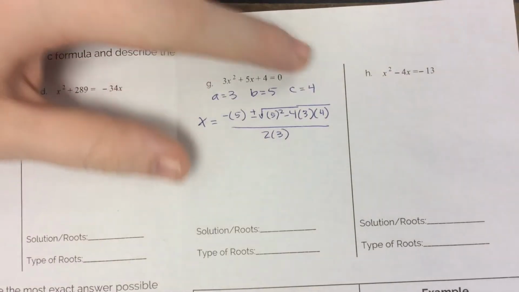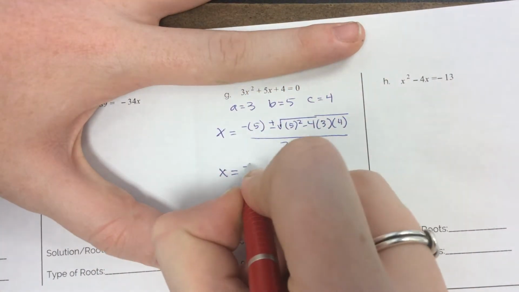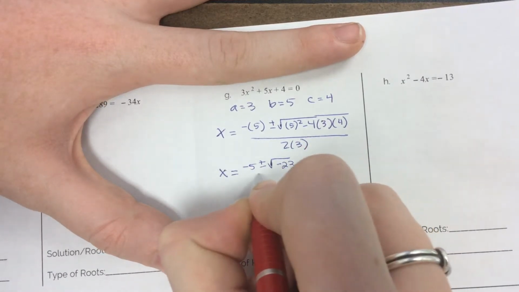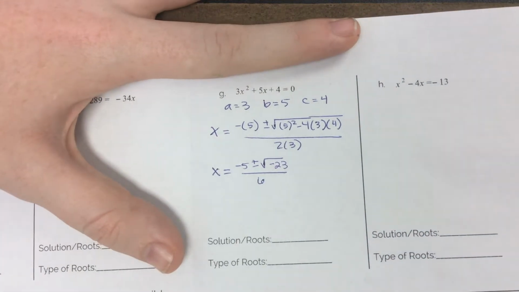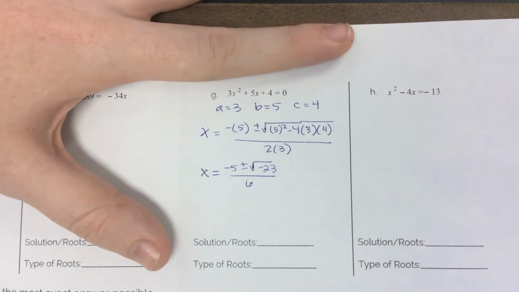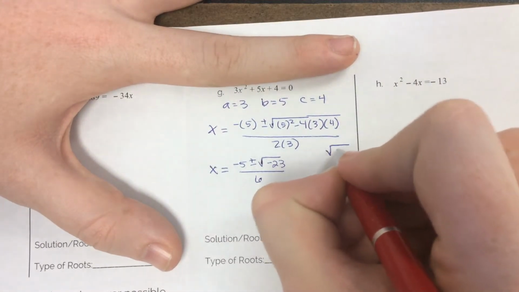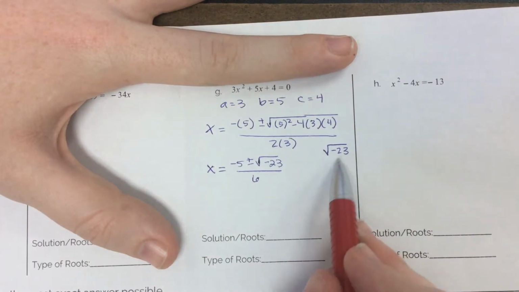When you get a negative, we have x equals negative 5 plus or minus the square root of negative 23, divided by 2 times 3, which is 6. You look at your square root. Can I simplify the square root of negative 23? Well, 23 you can't break down.